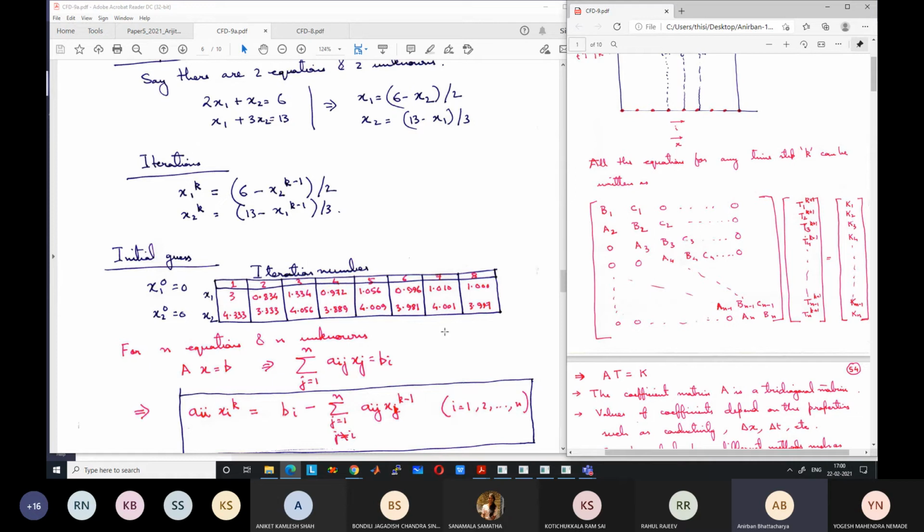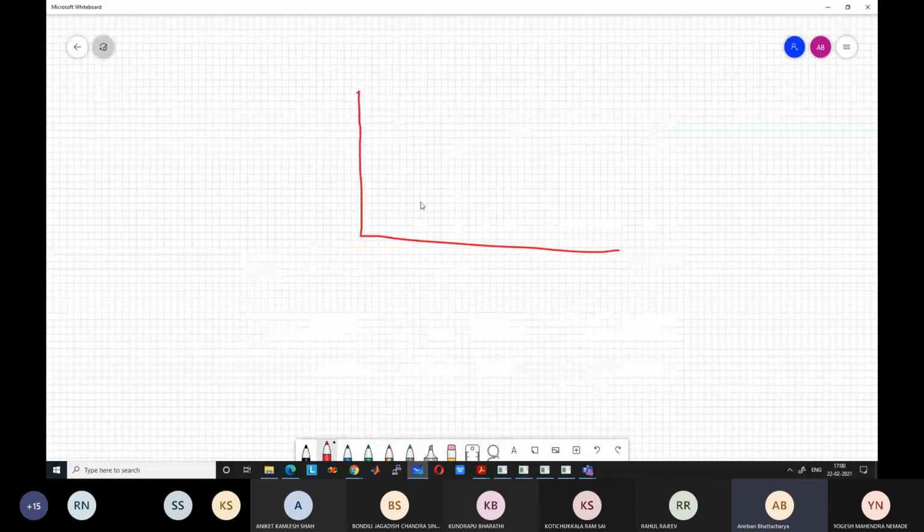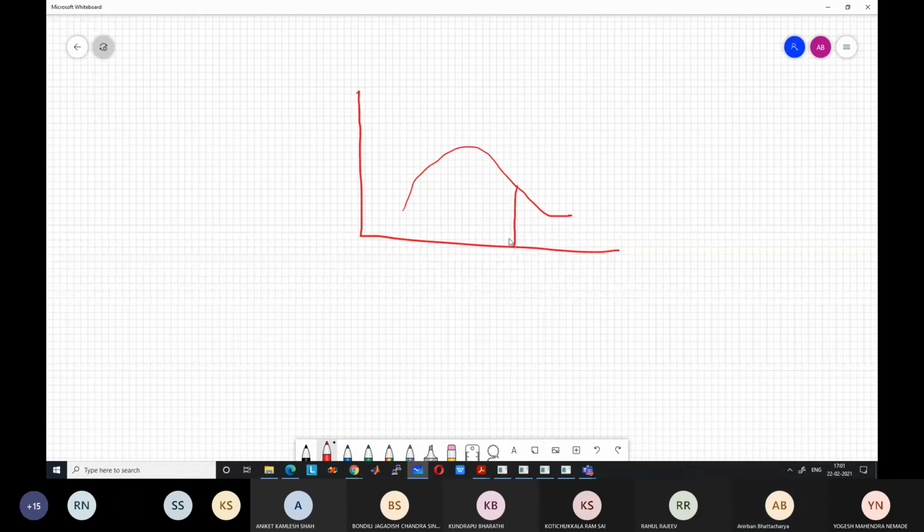In a statistical way I will show, but the similar thing also holds true here. So say you have an unknown like this. I am randomly drawing some function like this, and this is the unknown value x1.